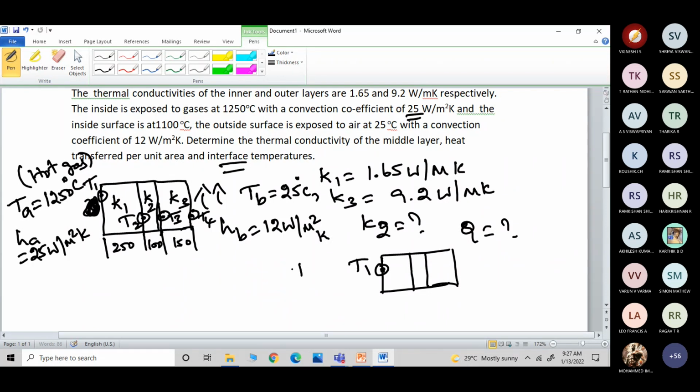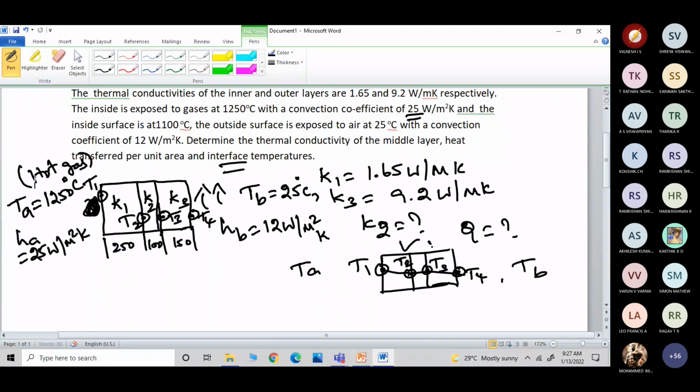T1, TA the hot gas temperature, from hot gas to the inner wall, T2, T3, T4, and then TB. Okay, so the heat transfer is like this. Is it fine, students? Yes, sir.